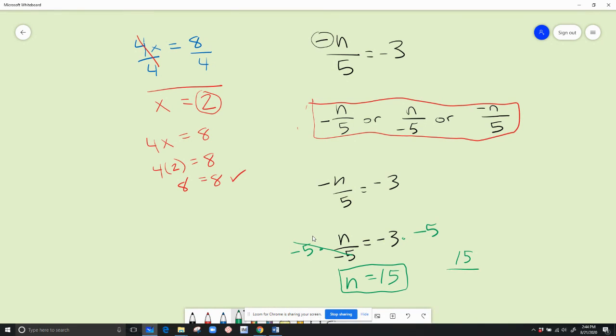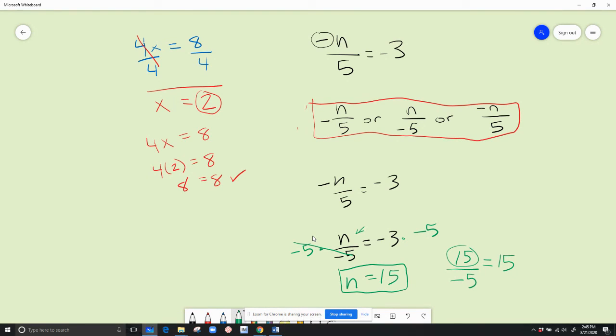So now all we have to do is check. Is positive 15 divided by negative 5, because I plugged this in instead of n, right? Is positive 15 divided by negative 5 the same thing as negative 3? Okay, I obviously screwed that up. Oh, no, I didn't.